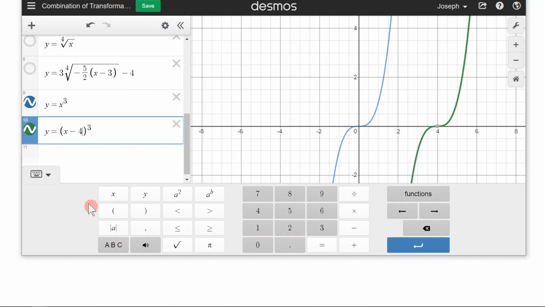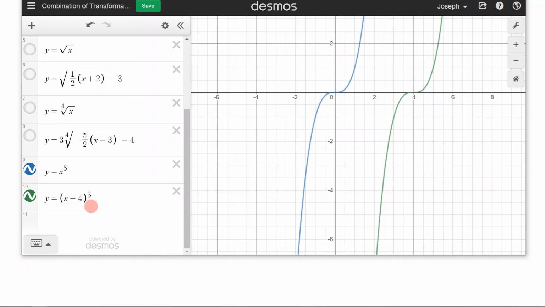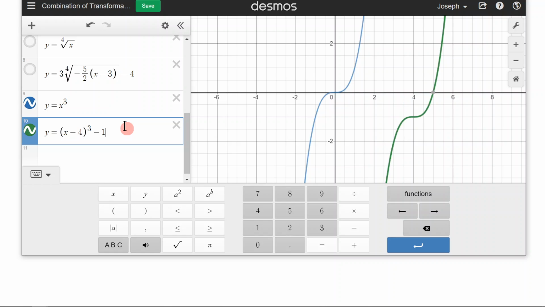As you can see, that moved 4 in the positive x direction. Then we went 1 unit in the negative y direction, minus 1. Then the next thing we did was a reflection in the x-axis.